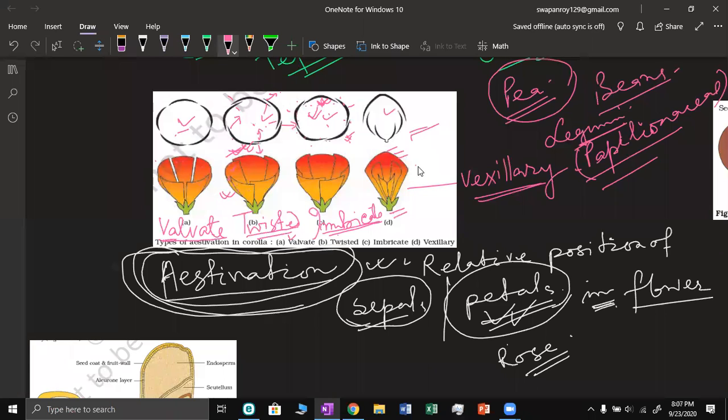This petal is posterior, at the back side of the flower, and it is the largest one which covers all other petals. This one is known as vexillum or standard.